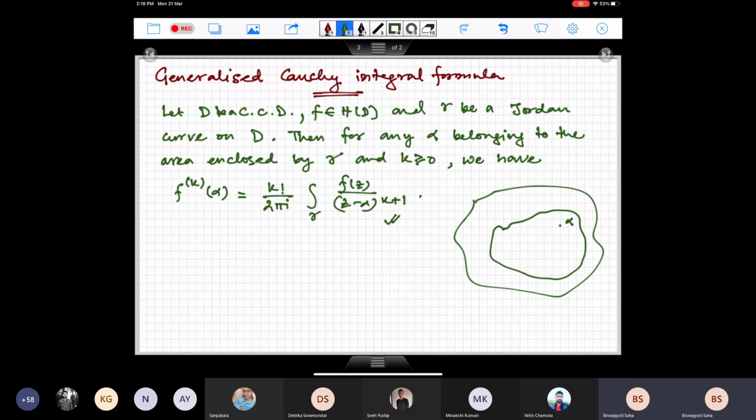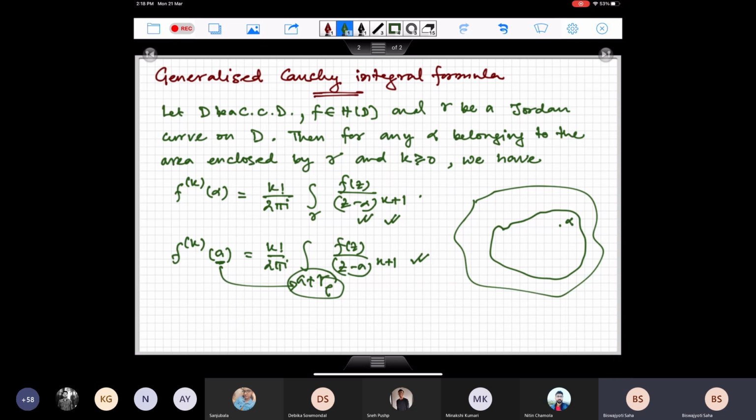So this is a much more general form of the generalized Cauchy integral formula. All of you see that? Previously, I only had f k at a equal to k factorial divided by 2 pi i, integral over a plus gamma rho of f(z) divided by (z minus a) to the power k plus 1. Clearly this is a circular path, where a is the center of this circle. But this time I just have nothing.